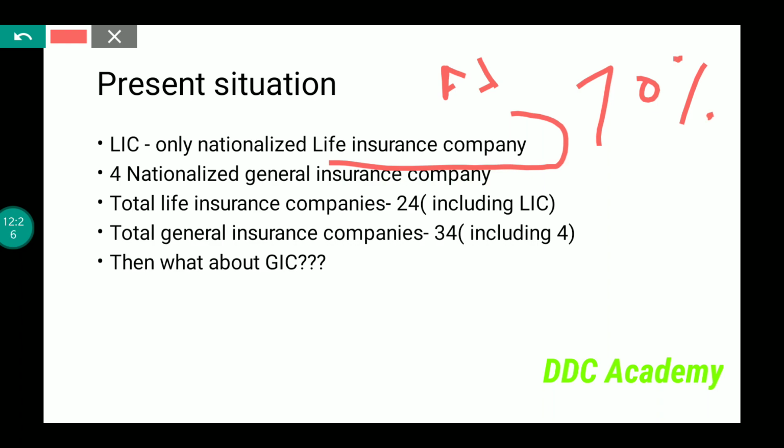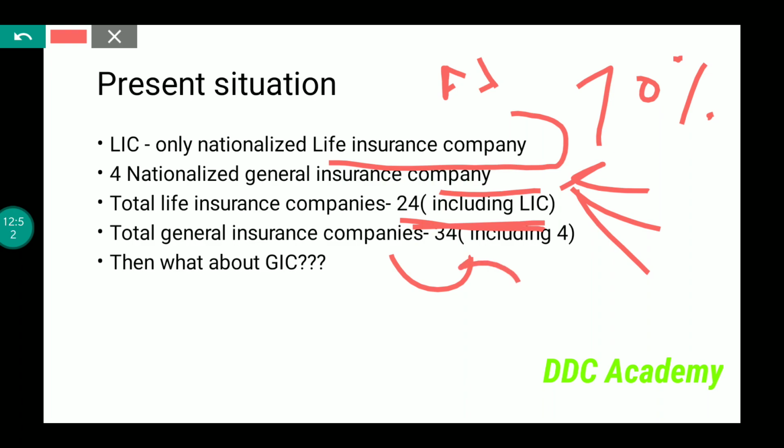The nationalized general insurance companies are the ones delinked from GIC: United, National, New India and Oriental. Total life insurance companies are 24, including LIC. Total general insurance companies are 34, including these four nationalized companies. So this is the present situation.